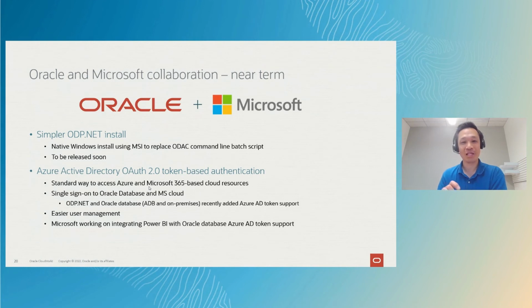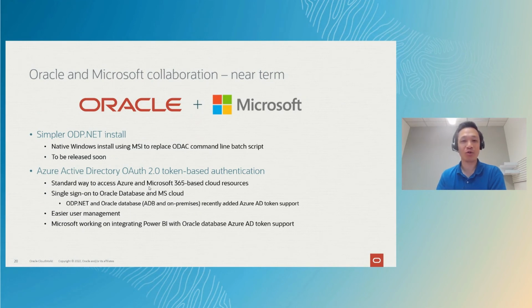Instead of making it an Xcopy install, which is probably more familiar for administrators but not as familiar for the average Windows user, we're going to have a native Windows install with MSI, Microsoft Installer, with ODAC. So instead of doing a command line batch script that requires Windows Administrator mode, we are going to have an MSI GUI install.